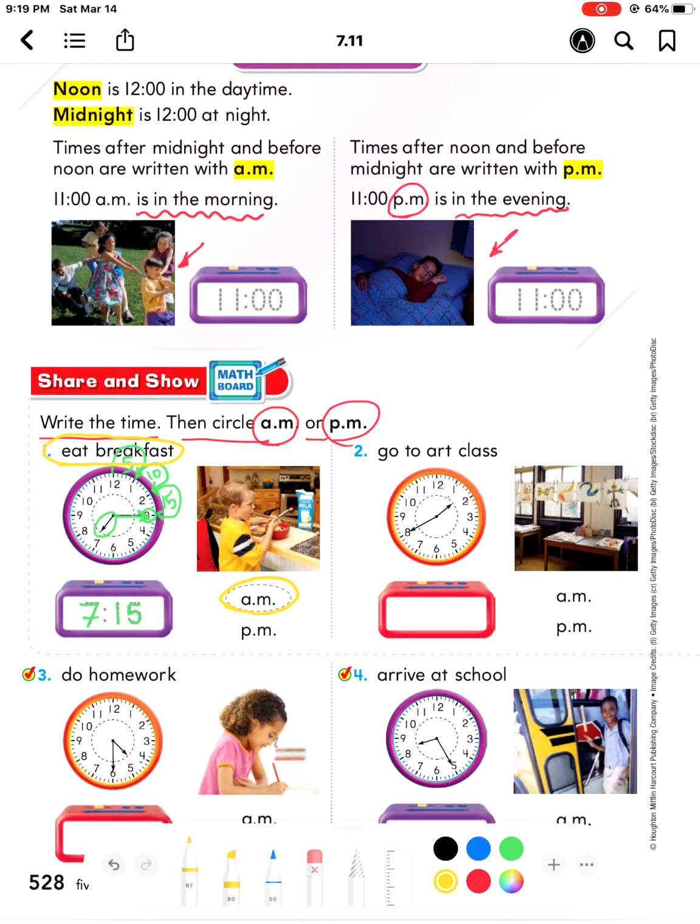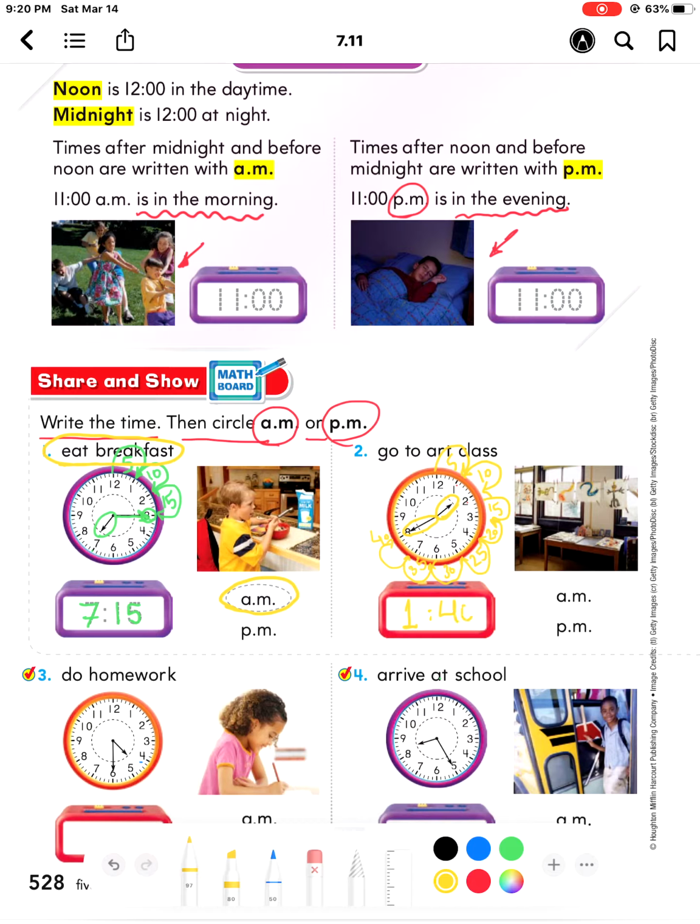Now, here it's 1, and the other hand is at 8. So let's count till we know how many minutes. So it's 5, 10, 15, 20, 25, 30, 35, 40.